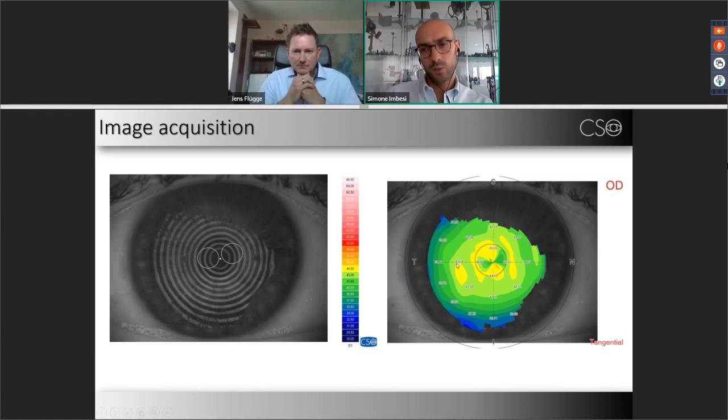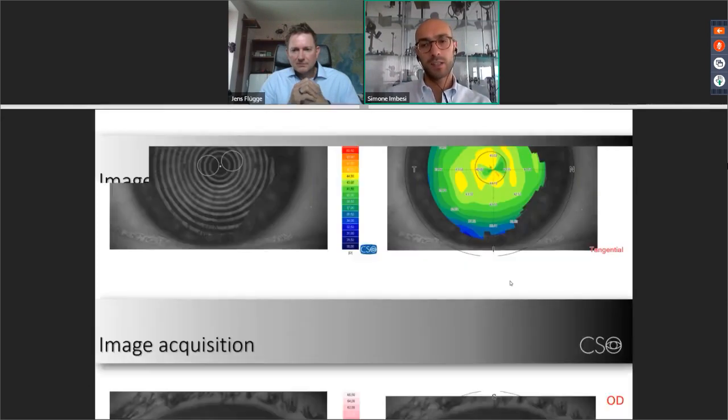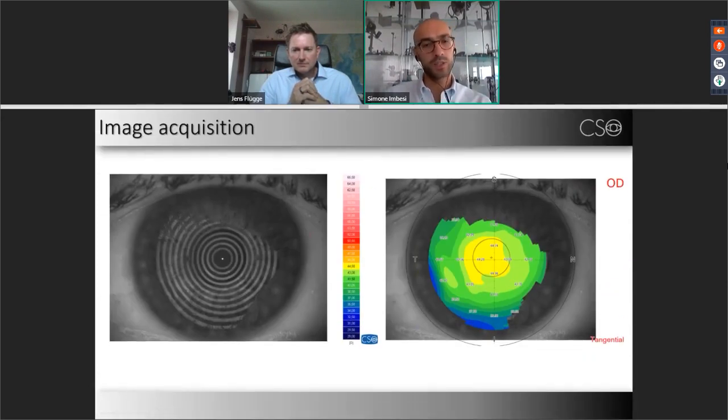This is what the algorithm of tangential curvature said about the central curvature of this cornea. I asked the patient to blink twice, and immediately after the blinking, I took an image of this cornea.